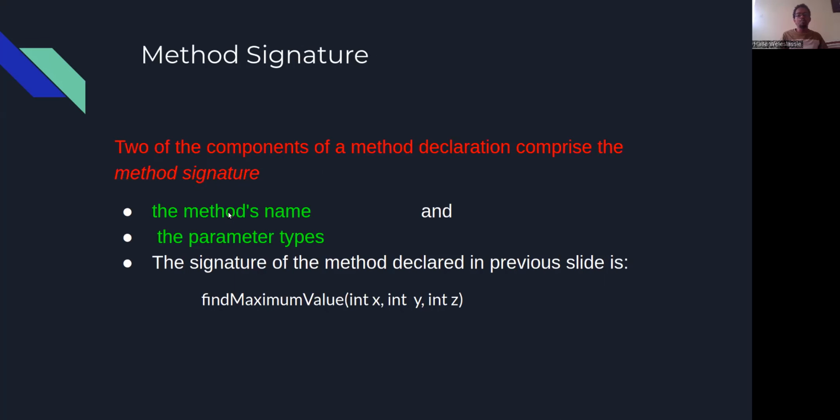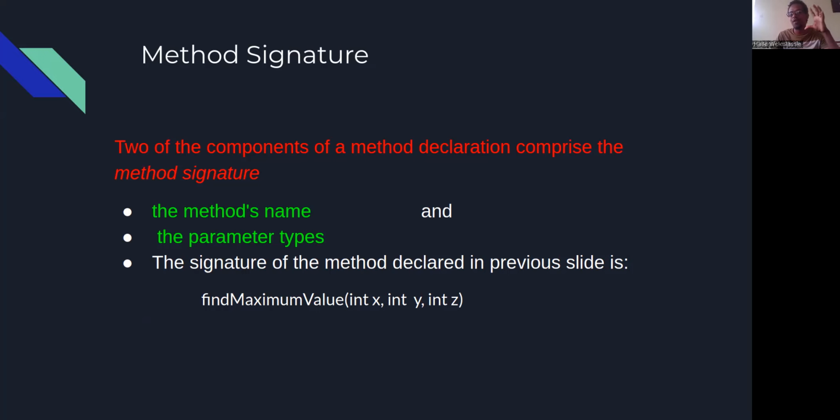So, method signature. Out of the 6 components of a Java method declaration, only 2 of them are used for defining the method signature in Java. Java has the concept of method signature because it allows method overloading.